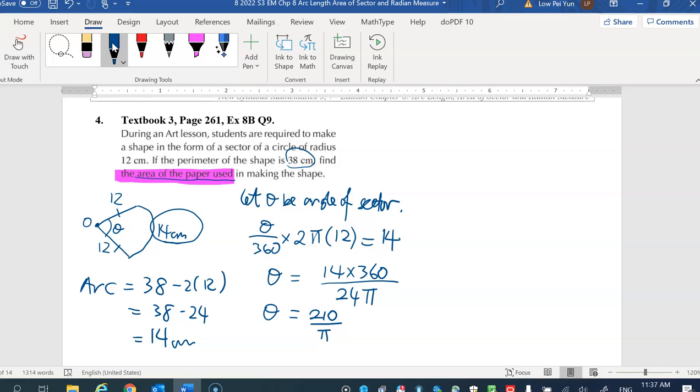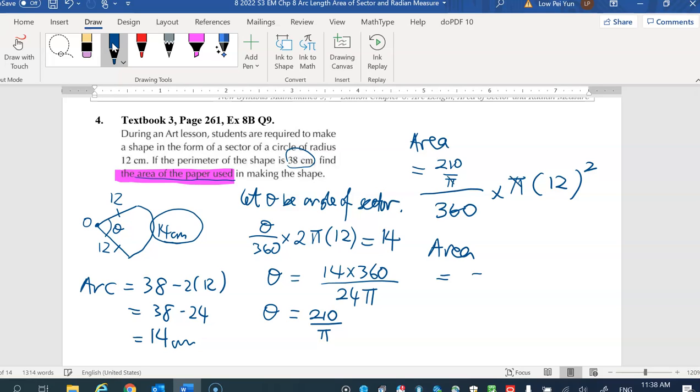Now my aim is to find the area of the paper used. I have my angle involved. So area of paper used can be found when I take 210 over pi out of 360 degrees times pi r square. Computing this, you can cancel away this pi and this pi.